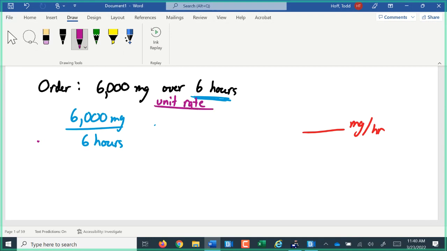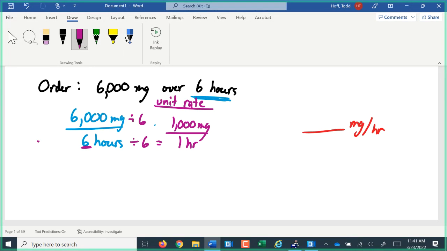If you recall back in Unit 2 when we talked about ratio, proportion, and rates, a unit rate is calculated by taking the number of that second value and dividing both values by it. So divide by 6 on bottom. 6 hours divided by 6 is 1 hour. Then we also divide by 6 on top. 6,000 milligrams divided by 6 is 1,000 milligrams.